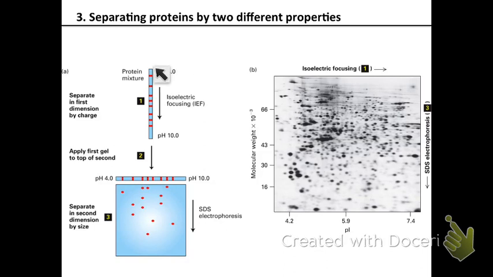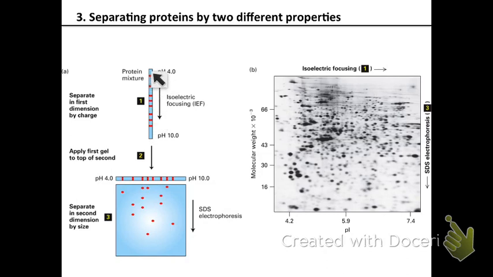In this technique, you separate the proteins based on two different properties. Here's how this is done. In the first dimension, you put your protein mixture above a matrix, like a gel matrix, or whatever property you want to separate them with.